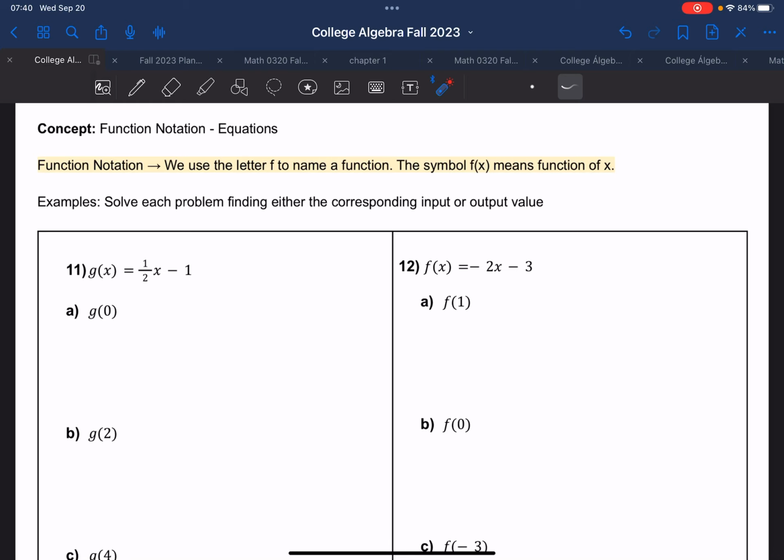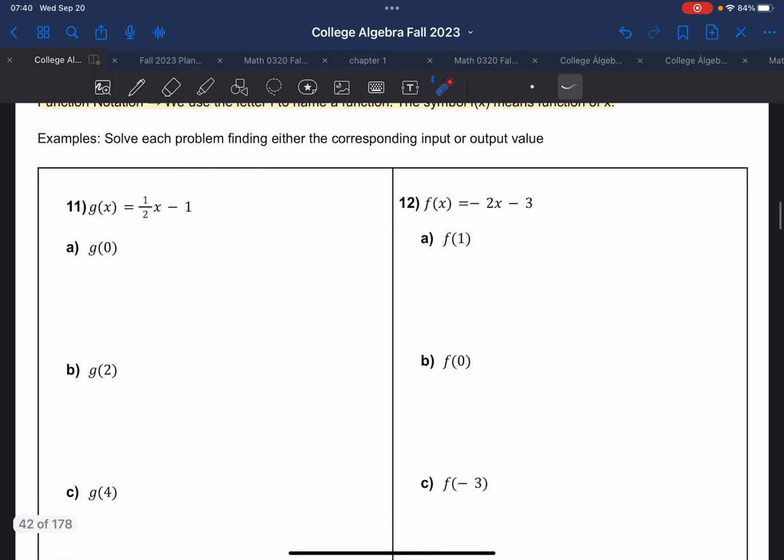For example, in number 11, we would say this is what? g of x. Good. Most commonly, f is used, but don't let it throw you off if any other letter is used. Okay. So for function notation, we are just plugging in what it's telling us into the equation.